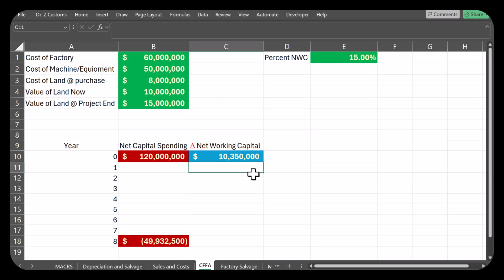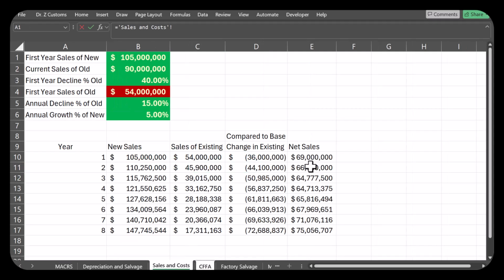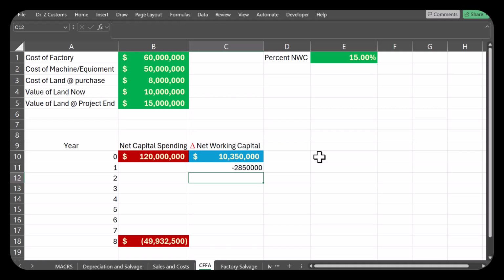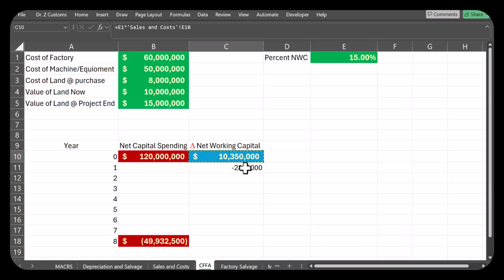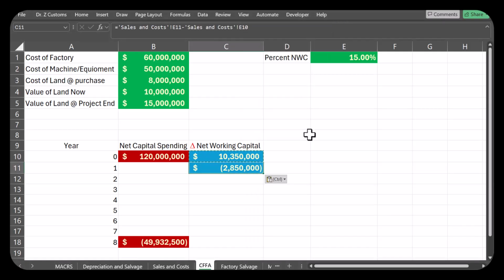So what we're going to do is calculate the change, which is year two sales minus year one sales. Actually, it is going up at that point. It is going down at that point, unless I made a mistake, which I'm going to check. Okay.